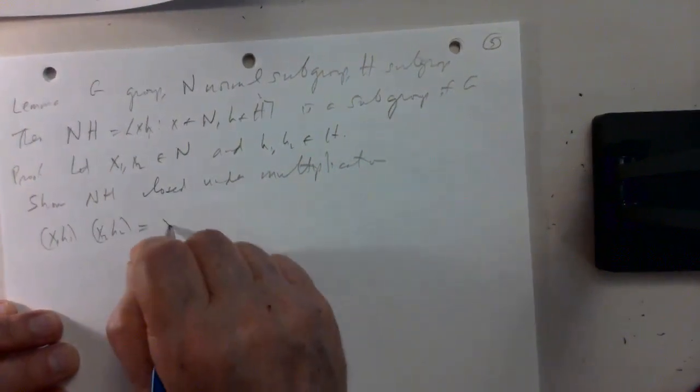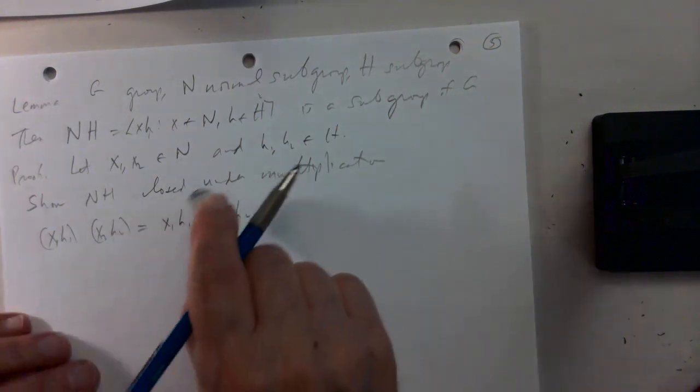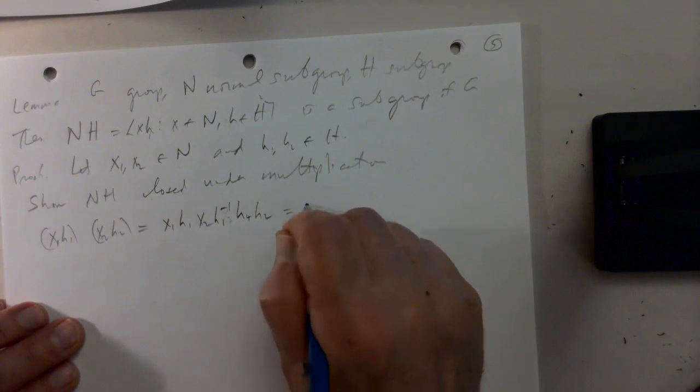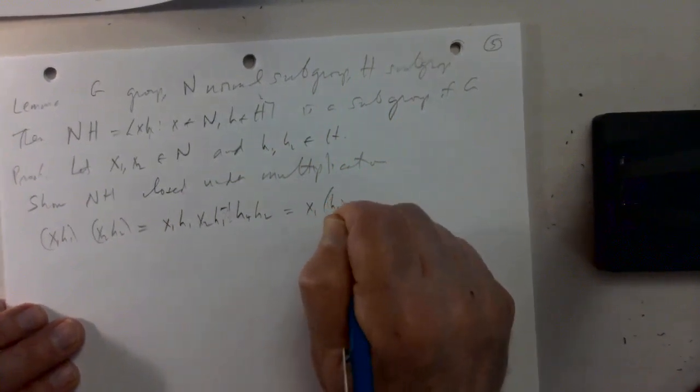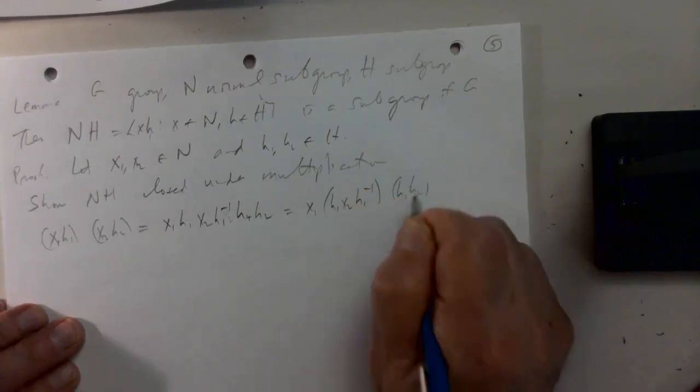So I can write this like this: x1 h1 x2 h2, and in here I'm going to put in x1 h1 x2 h2. And in here I'm just going to put the identity in the form h1 inverse h1. So if I factor this, this is x1 times h1 x2 h1 inverse times h1 h2.